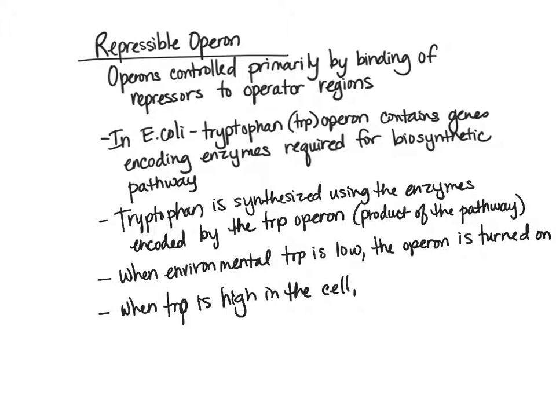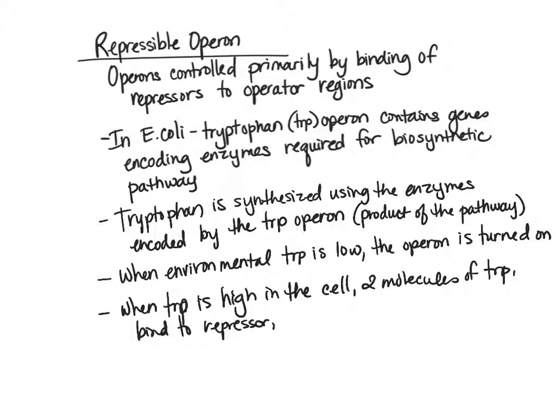Since we have lots of tryptophan, we have lots of it inside the cell because it's coming into the cell and it doesn't need to utilize the tryptophan operon. So when it's high in the cell, 2 molecules of tryptophan are going to bind to the repressor.